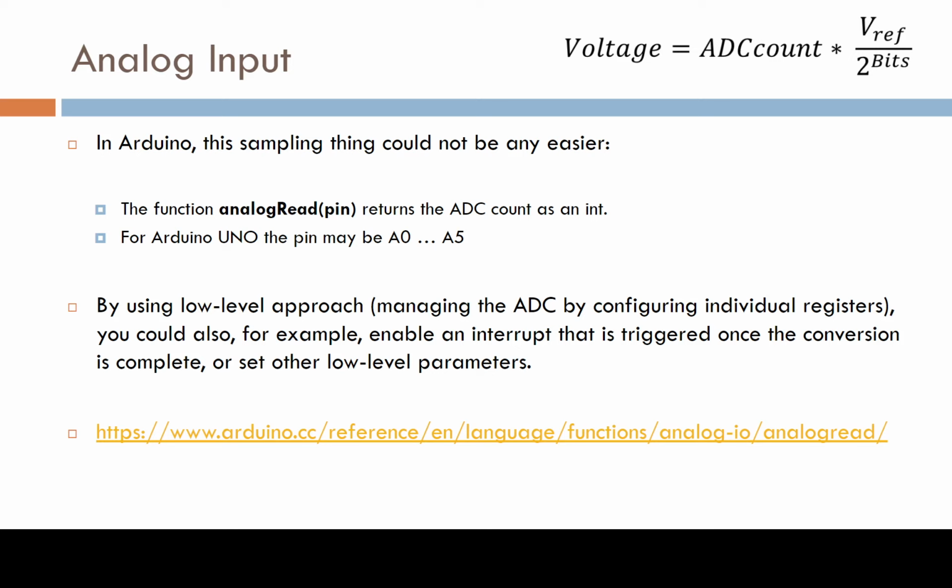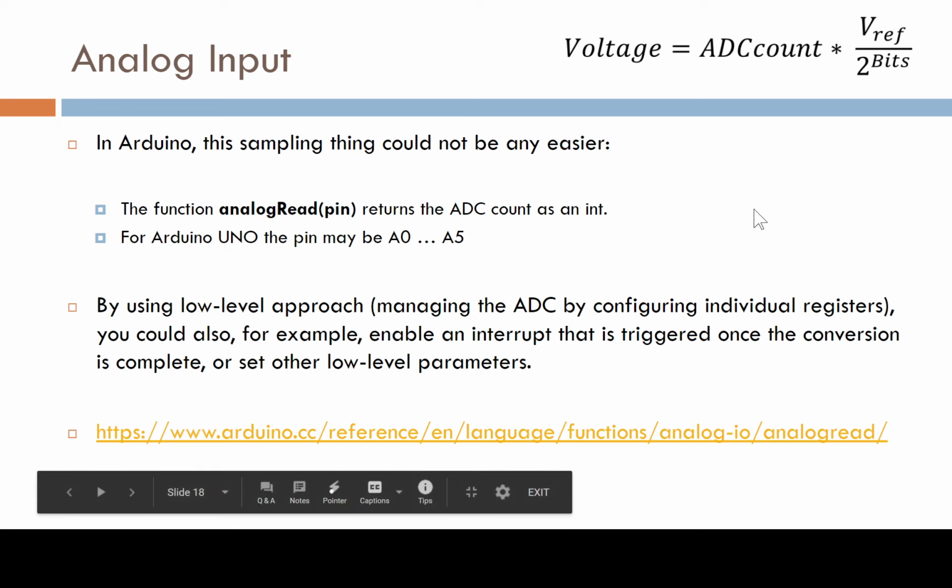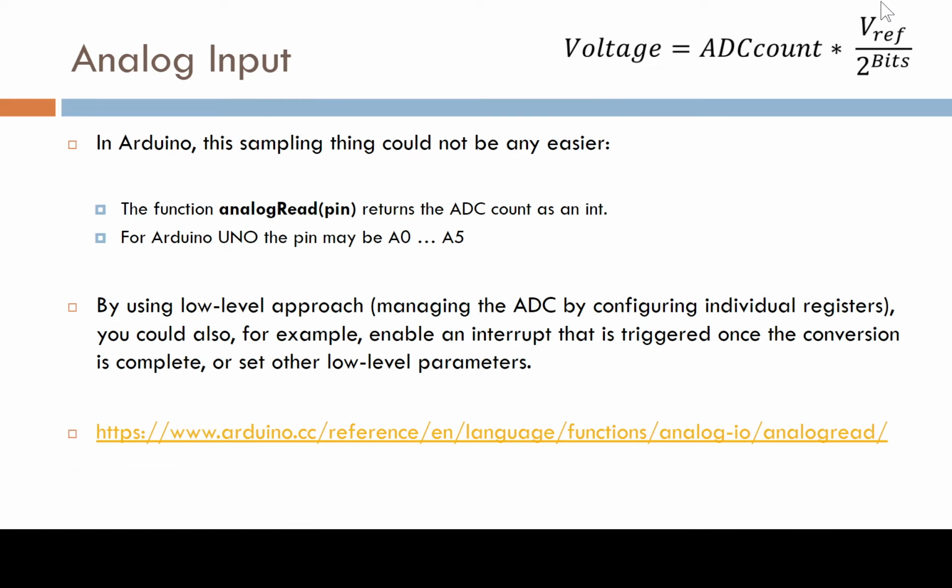In Arduino Uno, there are 6 ports from A0 to A5 that you can use. And the corresponding voltage follows this formula here. Voltage equals ADC count times the reference voltage divided by 2 to the bits. This 2 to the bits is 10 bits, so it's 2 to the power 10. Okay, easy to measure the corresponding voltage.